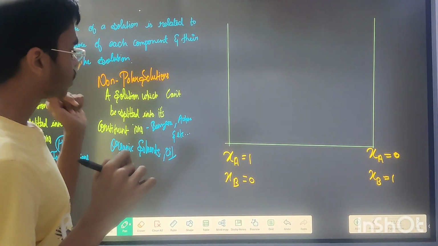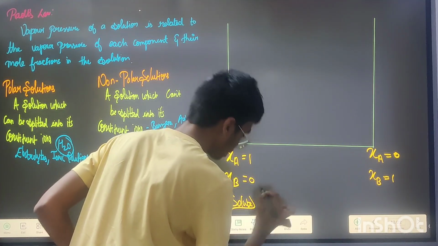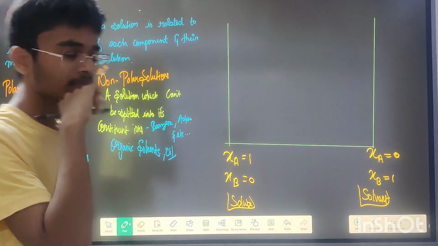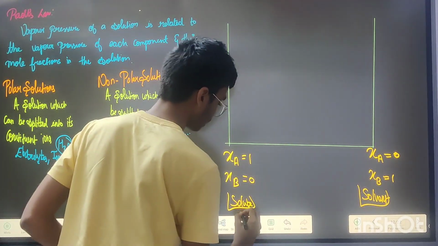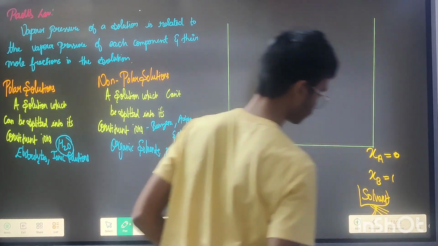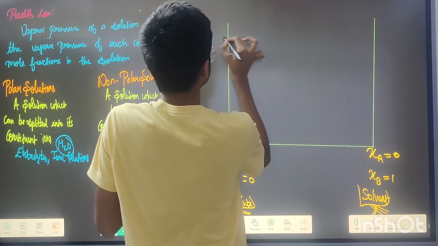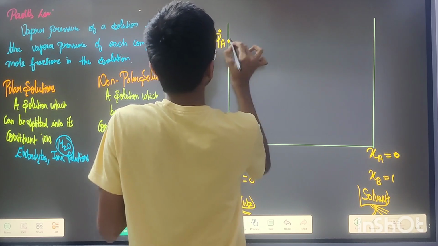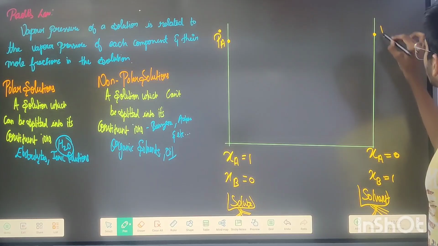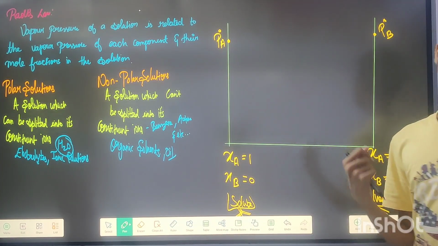So that means here I am having only solute, and here I am having solvent. Then if I give heat here and here, automatically this XA will be converted into P naught A, and this XB will be converted into P naught B. Why is there such a difference?